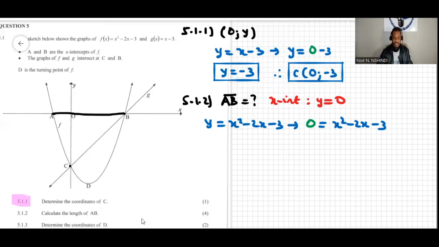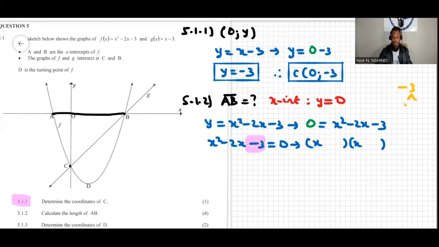And then this makes x squared minus 2x minus 3 equal to 0. Now we can solve this by factorization. I put x here and x there, and I'm going to consider the last term, which is -3.